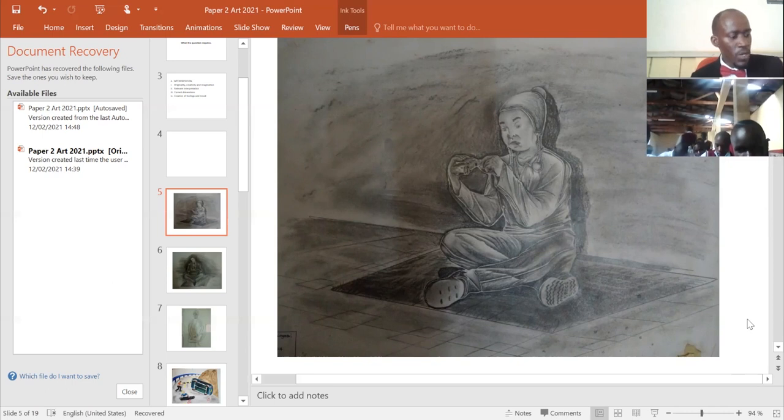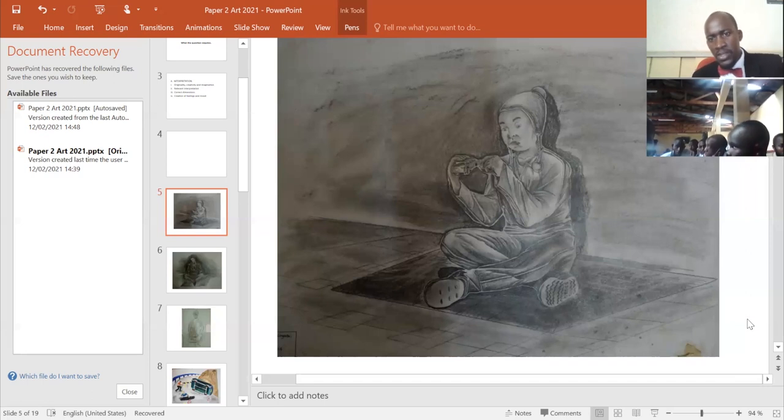Then we look at the tinting and shading. Looking at the work, has the candidate explored other shading techniques, or has the candidate used just one particular shading technique? One particular shading. The candidate is supposed to vary the shading techniques. We have cross hatching, hatching, smudging, linear shading technique and all that.